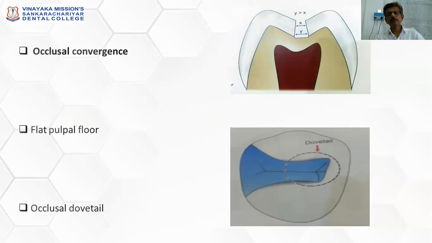Occlusal convergence: when you make the cavity, see to it that the walls are converging occlusally. However, this is opposite when you do a class 1 buccal or palatal extension, which should be diverging in the mesiodistal direction.